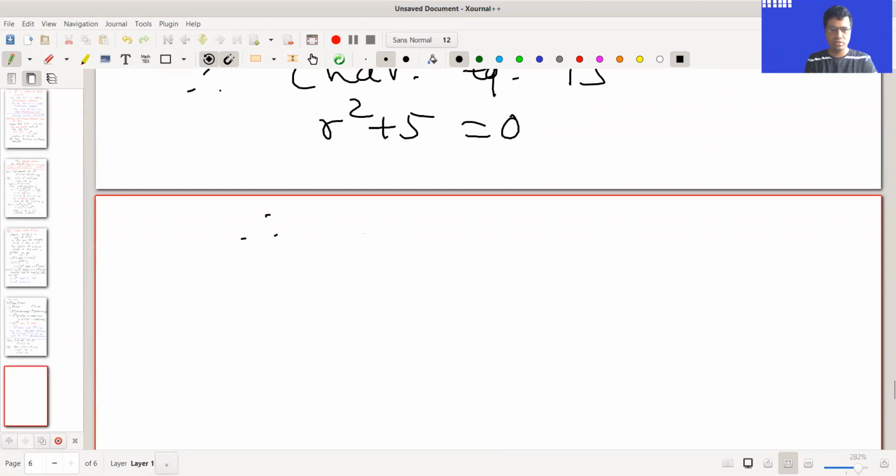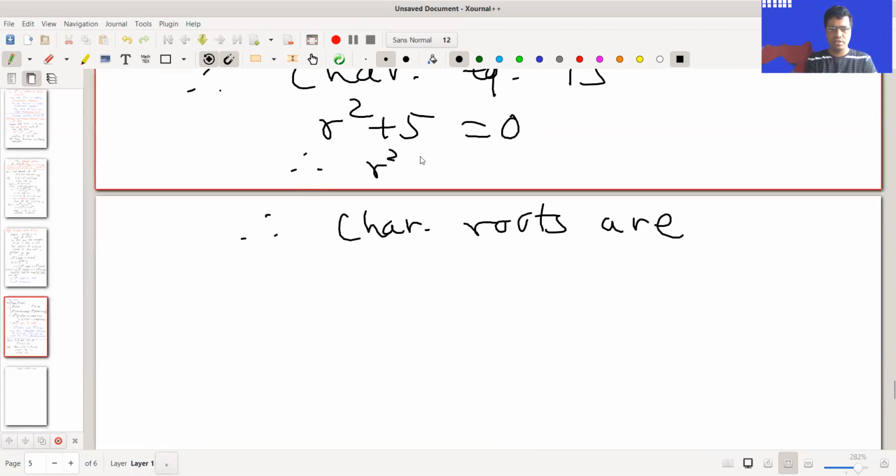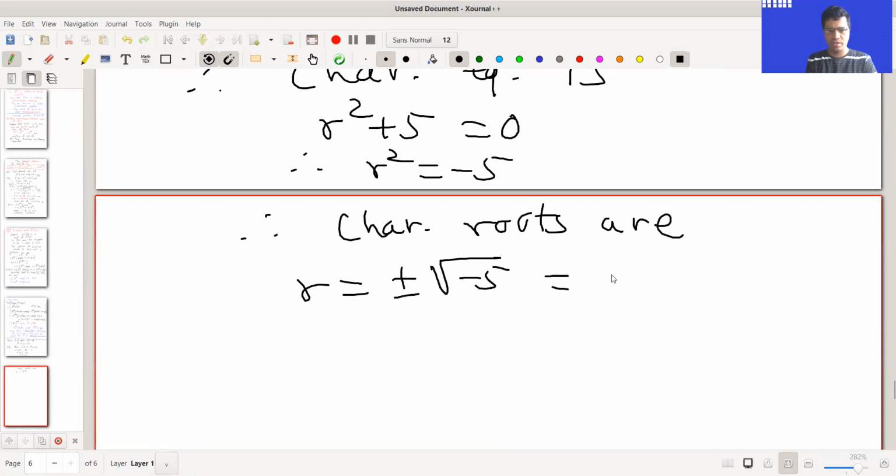Therefore, characteristic roots are, so we have r square equal to minus 5 and r equal to plus or minus square root of minus 5. It is plus minus i times root 5. Square root of minus 1 is i. Therefore, we get complex conjugate roots.